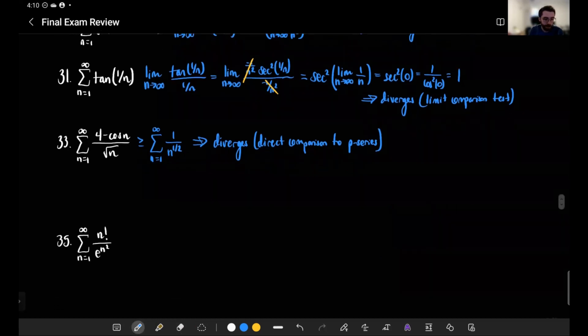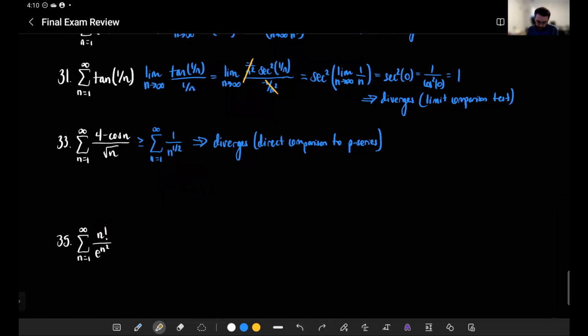35 then. 35 looks scary at first glance, but it's actually nice. And the reason is, and this is maybe just something you can remember, or maybe you see it enough that you get used to it, n factorial grows faster than e to the n or e to the n squared or anything to a power.